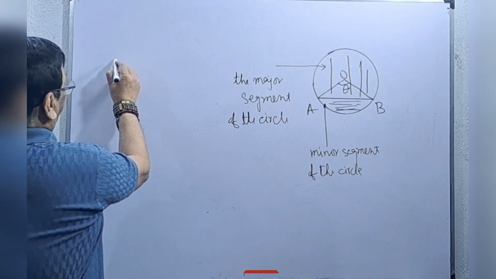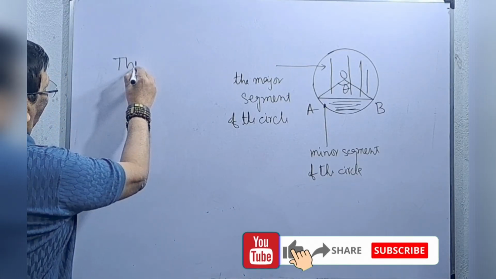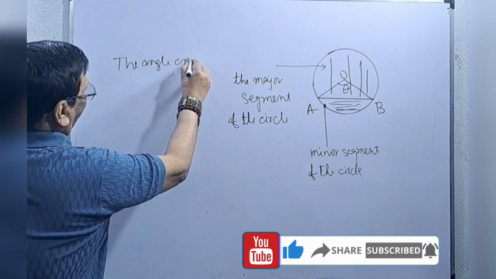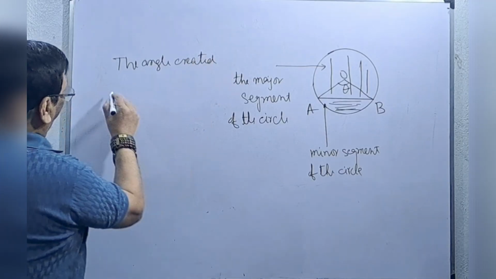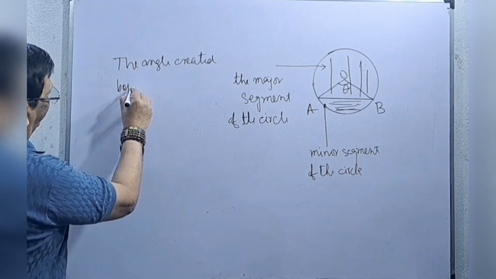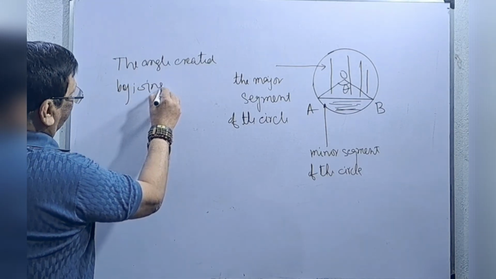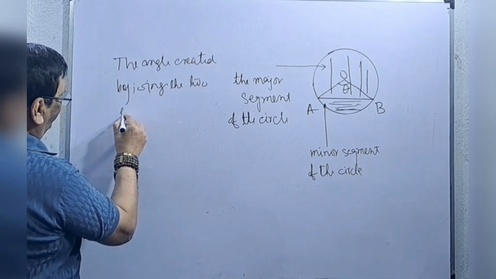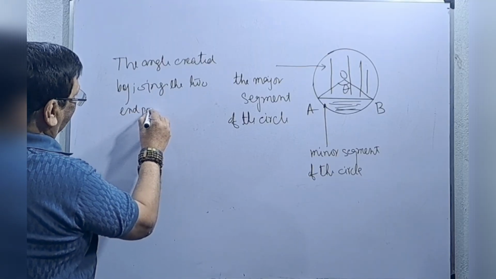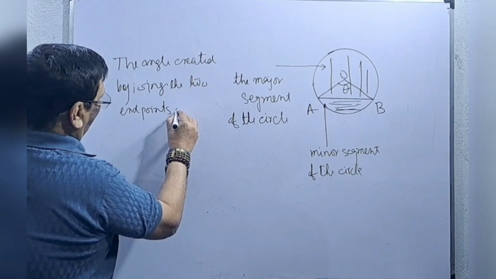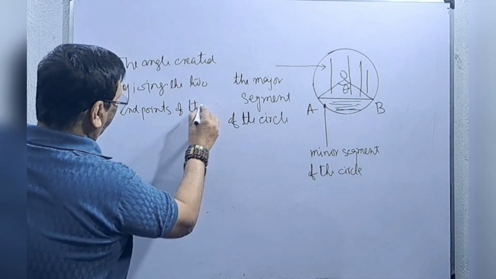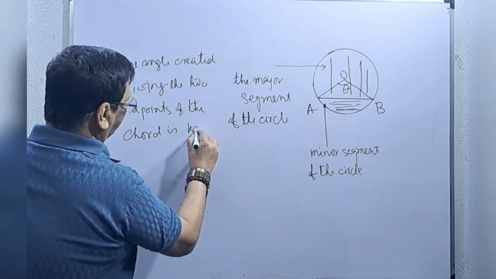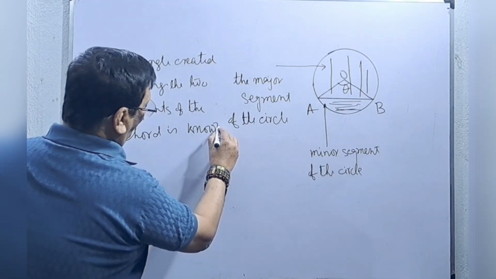Now, the angle created by joining the two endpoints of the chord is very important.